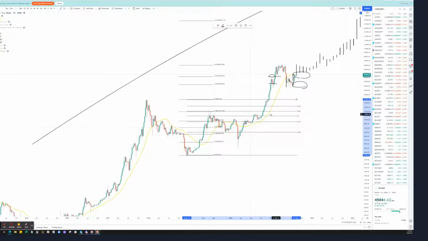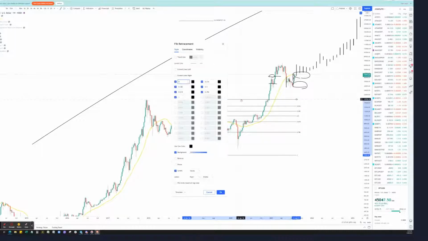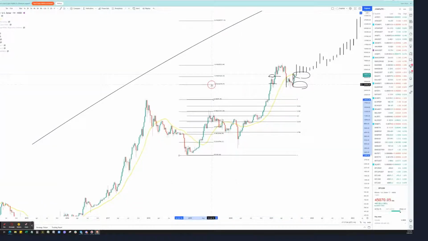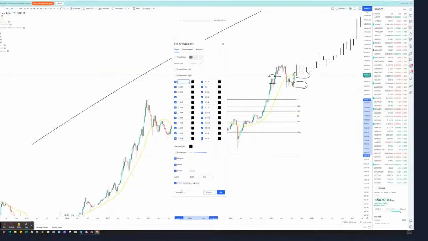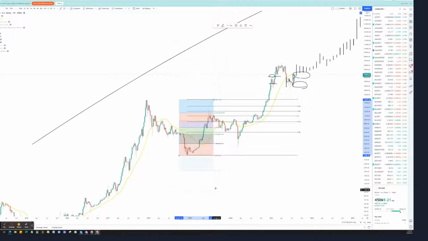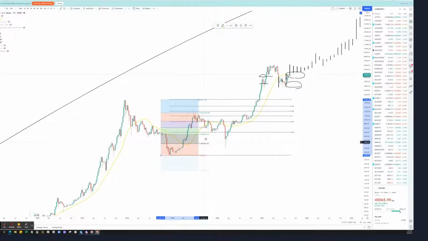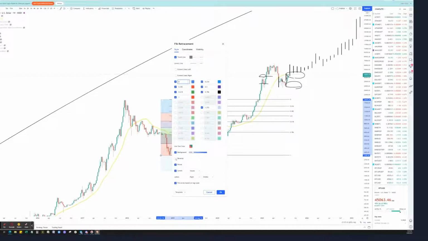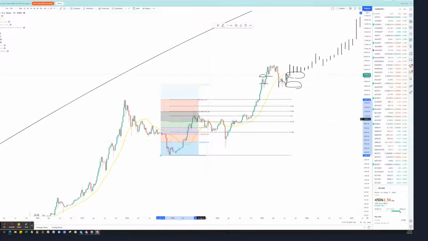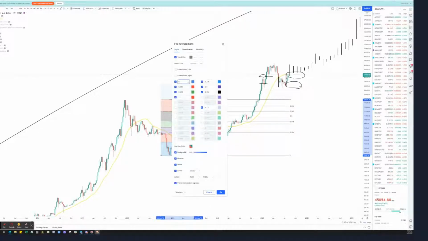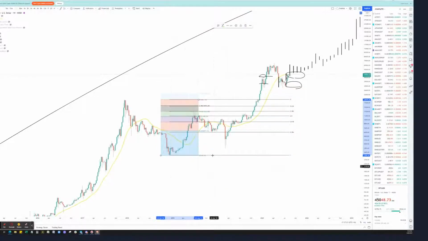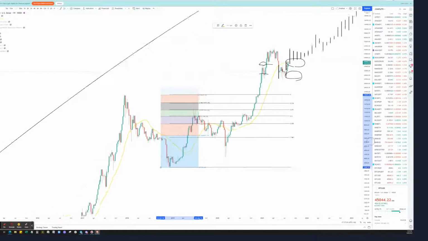You can see how the golden ratio, come on, I'll get there. So let's see if you can see it.